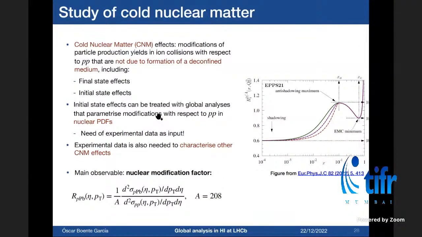This kind of global analysis needs experimental data as input, and we also need experimental data to characterize other cold nuclear matter effects not included in this modification of the partonic structure, let's say.